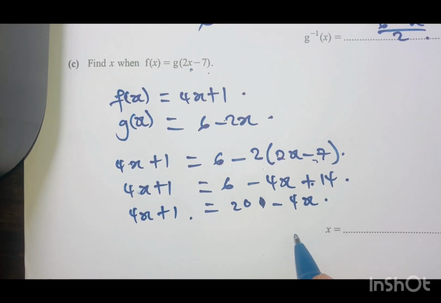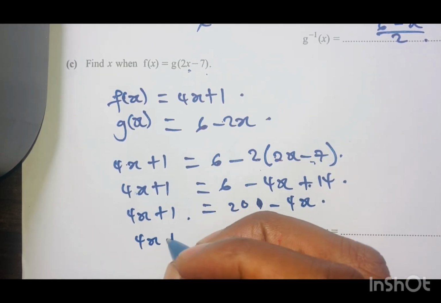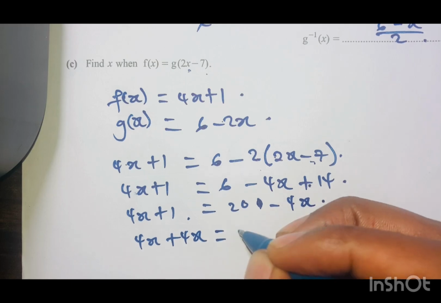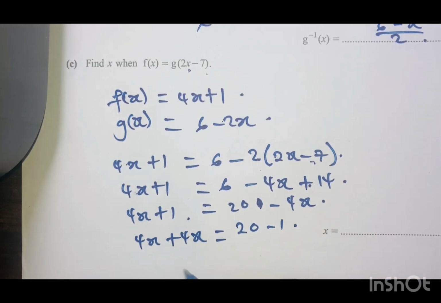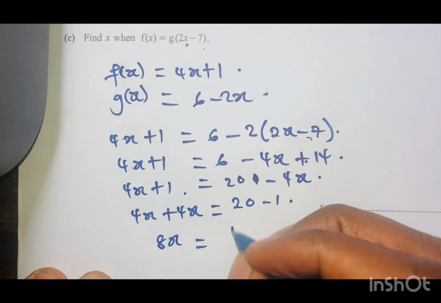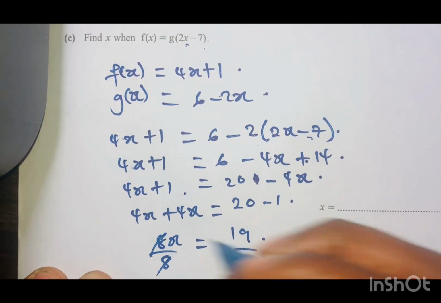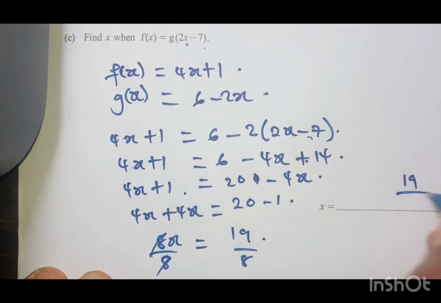So terms in x, I can bring them to one side, which makes 4x plus 4x, is equivalent to 20 minus 1, which is 8x is equivalent to 19, over 8, over 8. So the value of x is equivalent to 19 over 8.